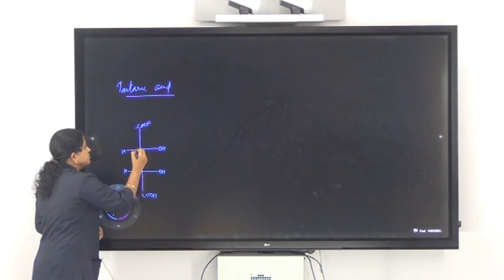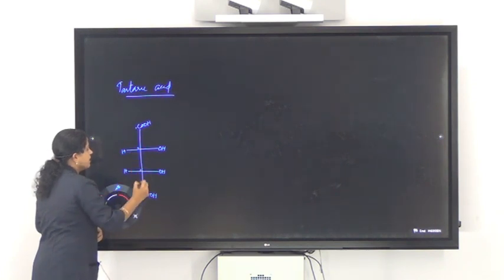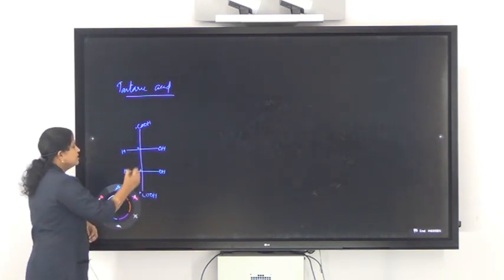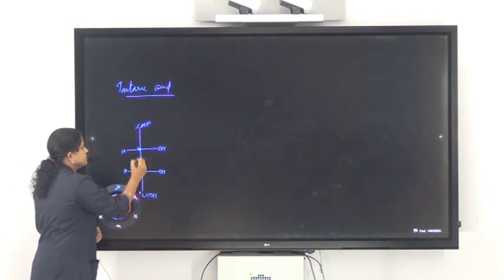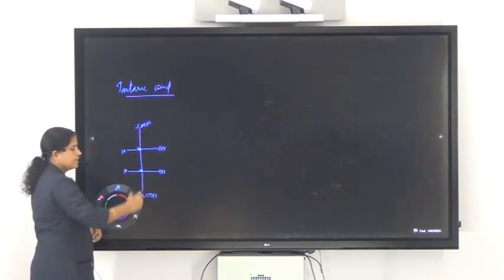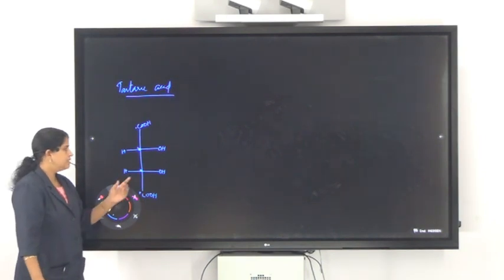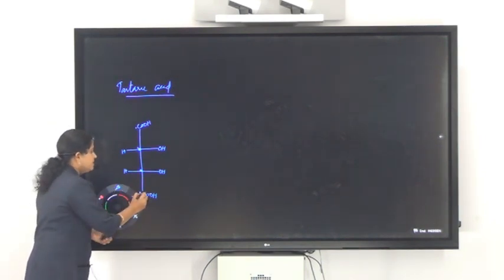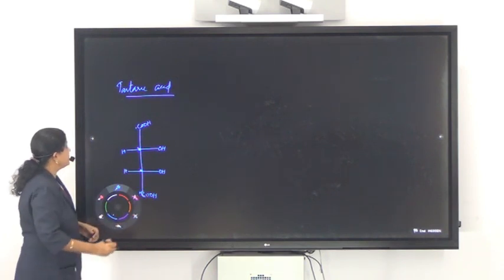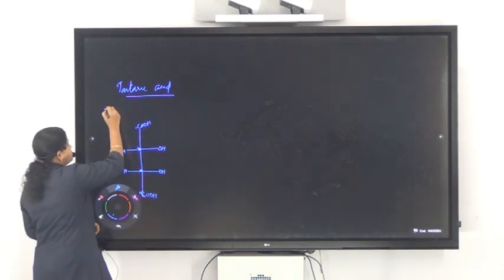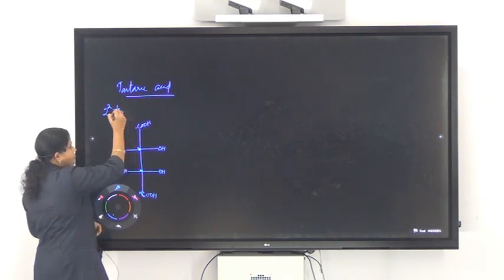First carbon atom, second carbon atom, third carbon atom and fourth carbon atom. The second and third carbon atoms are the asymmetric carbon atoms. Then take the mirror image of this one. For this tartaric acid, we expect 2 raised to 2, that is a total of 4 isomers.